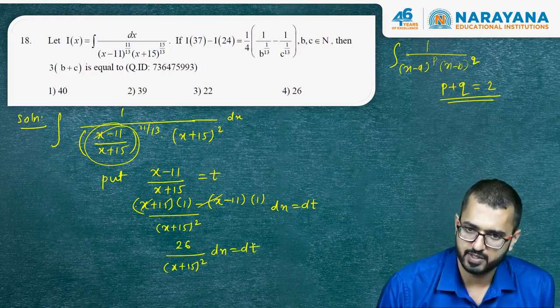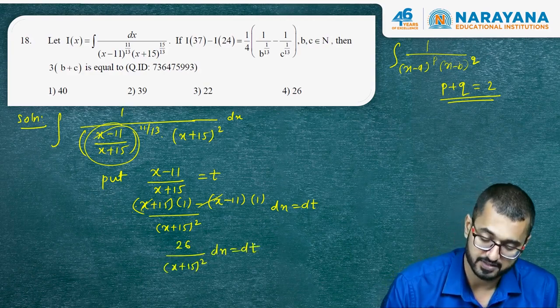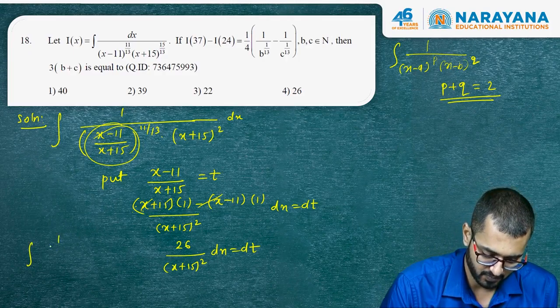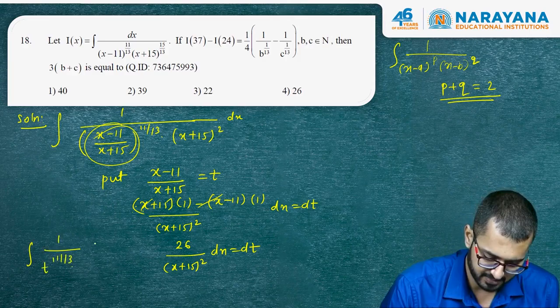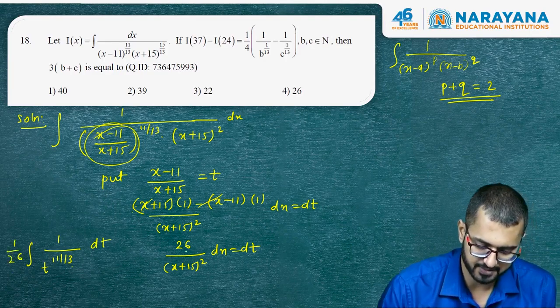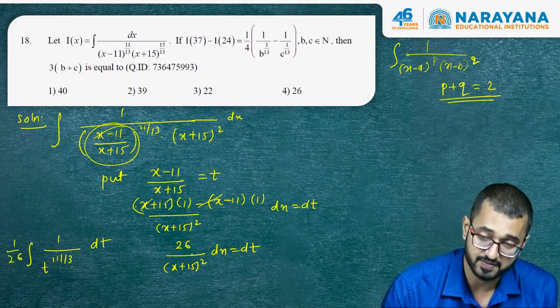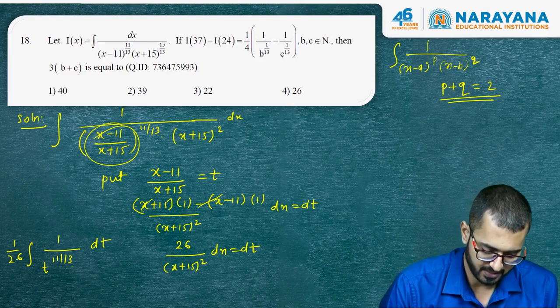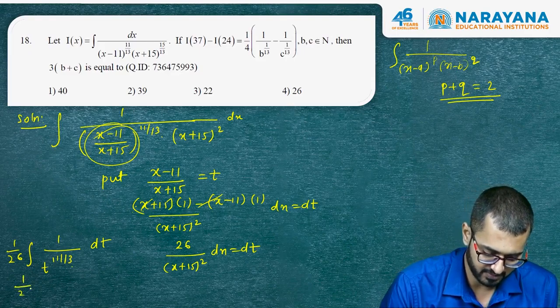So the entire decorum has been done. We just now have to integrate. So this will now become 1 over t to the power 11 by 13 and then dt over 26. We write it here because dx is 1 over (x plus 15) square. Now we'll integrate it. So we get 1 by 26 and then t to the power minus 11 by 13.